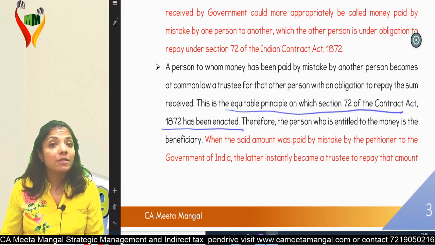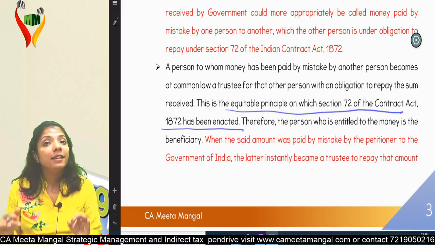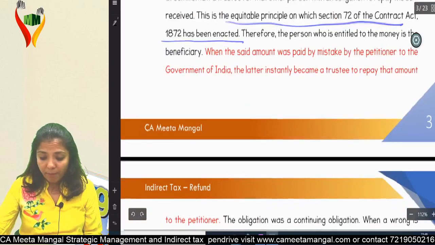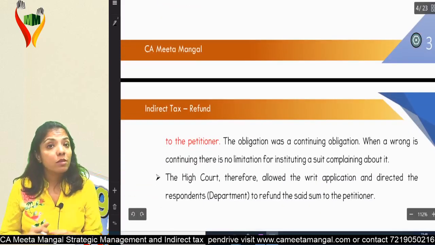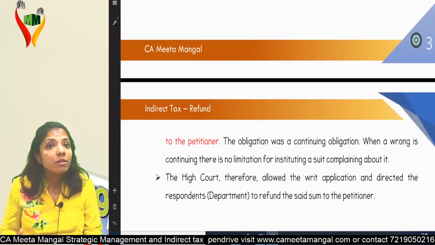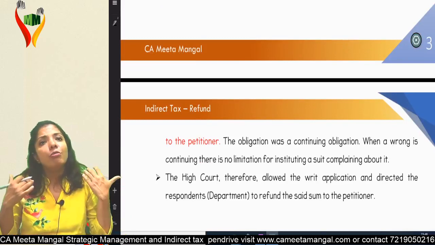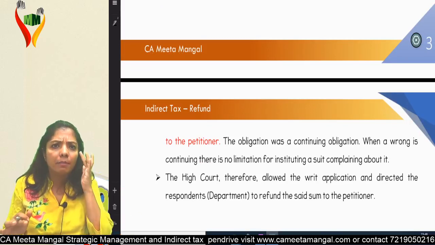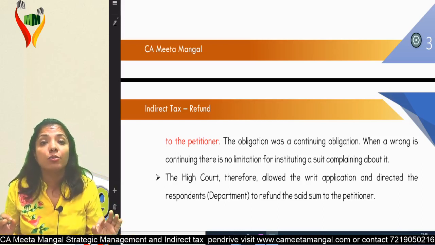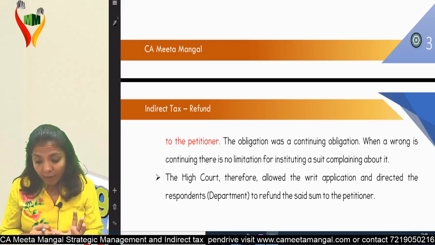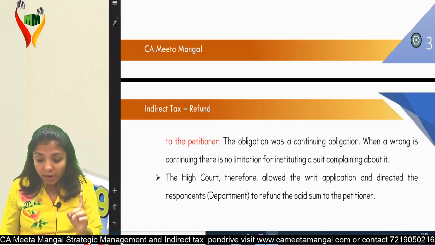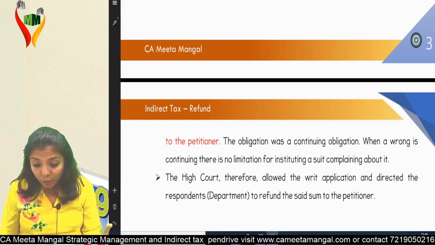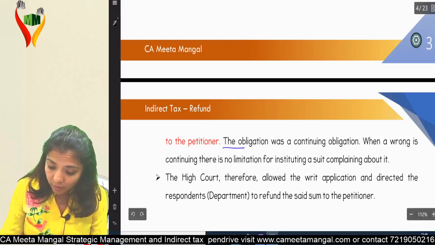The latter, that means the Government of India, instantly becomes a trustee to repay that amount to the petitioner. The obligation was continuous. See, now you are a trustee, I am a beneficiary. So you will have to give my money back any day when I ask you to give it back. The obligation was a continuing obligation. When a wrong is continuing, please again mark this.